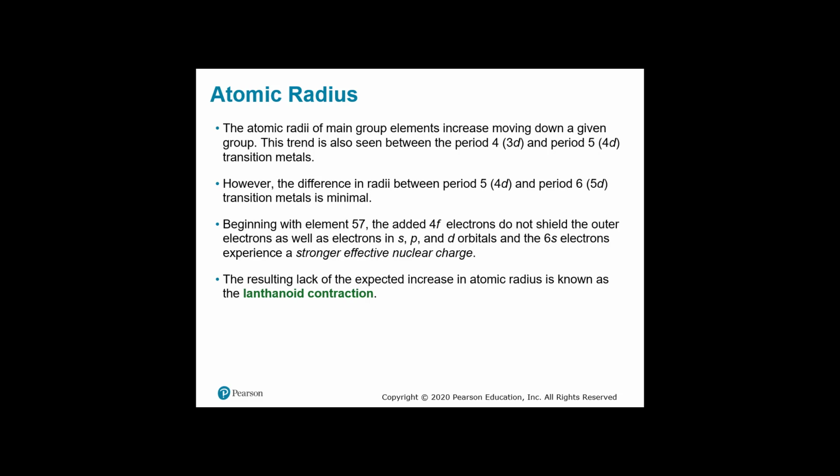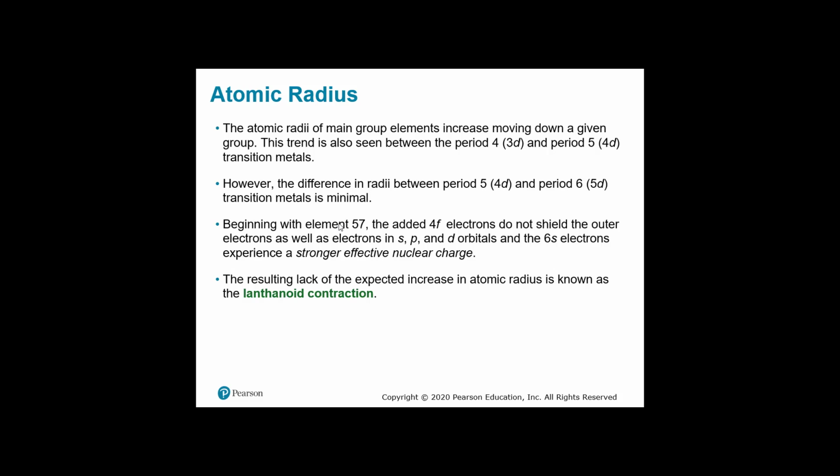Beginning with element 57, electrons are placed in the 4f orbitals, which are lower in energy than the 5d and 6s, and do not shield the outer electrons as well as s, p, and d orbitals.